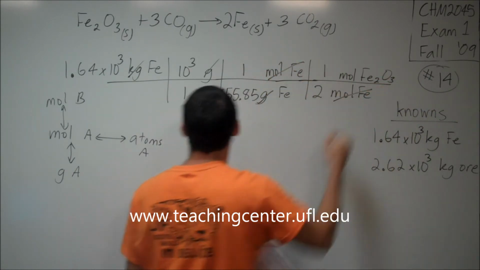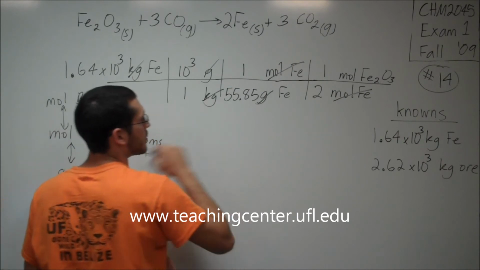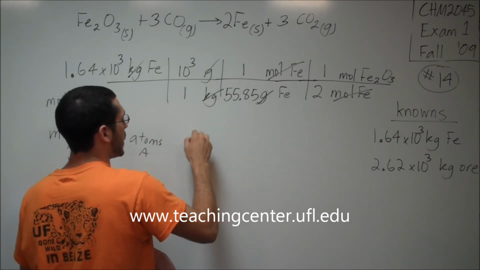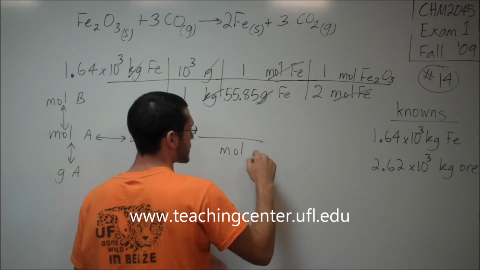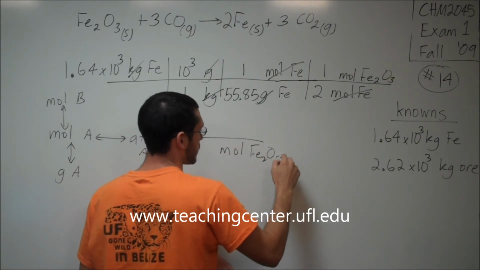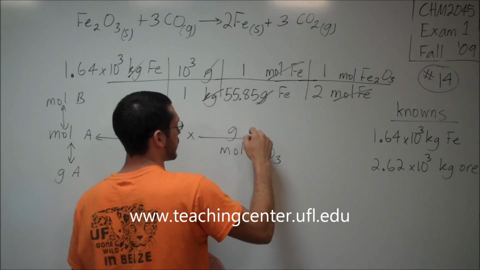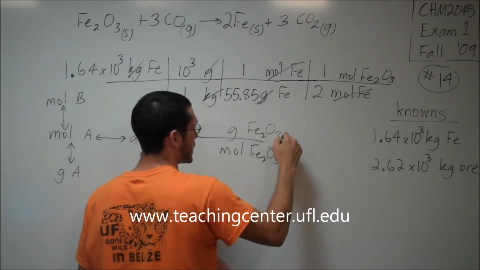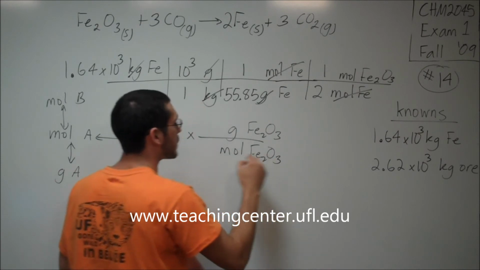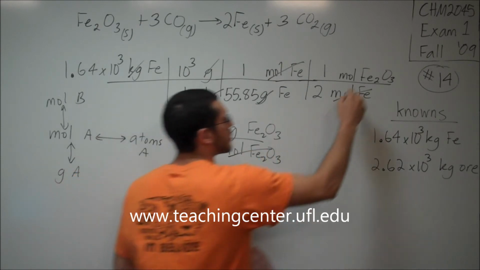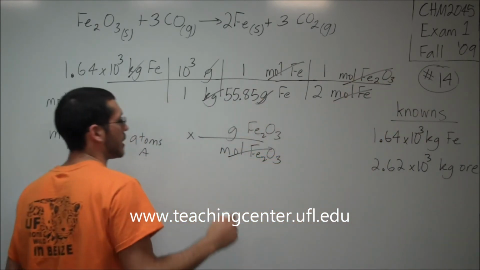Moles Fe cancel. Now, let's take those moles of Fe2O3, let's convert them to grams. Fe2O3 because that's what I'm interested in. Actually, I need the kilograms of Fe2O3. Moles Fe2O3 cancel moles Fe2O3.